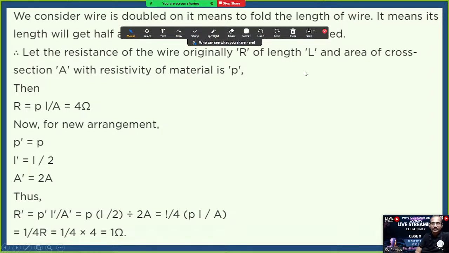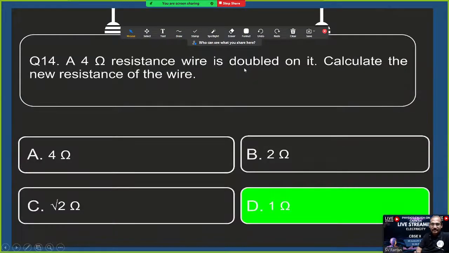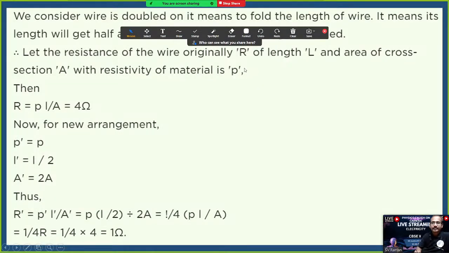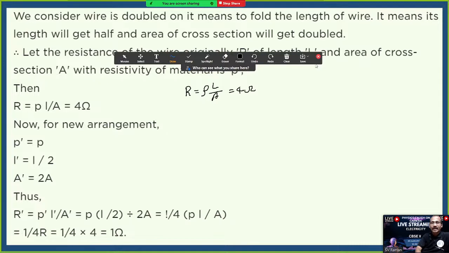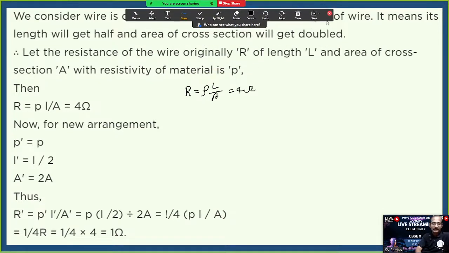Let me write it and I'll show the answer to you. As you know, R is equal to rho into L by A. The resistance given is 4 ohms. Now the wire is doubled, which means the length is halved and the area of cross section is doubled. Yes or no? Apply that logic.